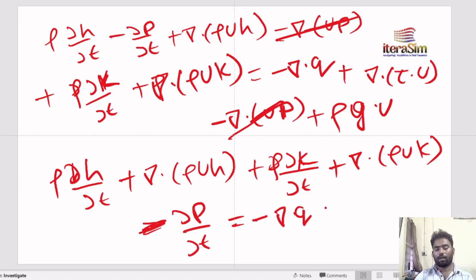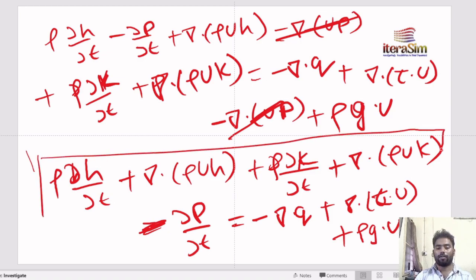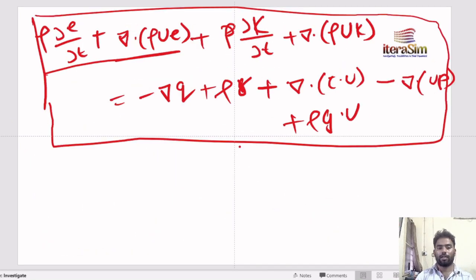So these terms you are not going to find in the internal energy equation, plus rho g into u. So this is the energy equation written in the form of enthalpy, and that is the energy equation that we have written in the form of internal energy.